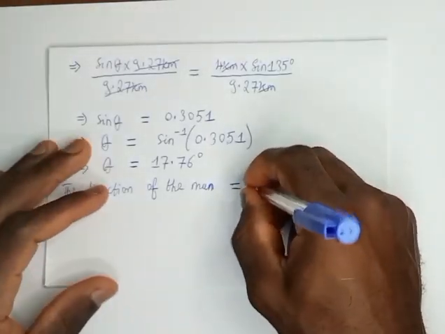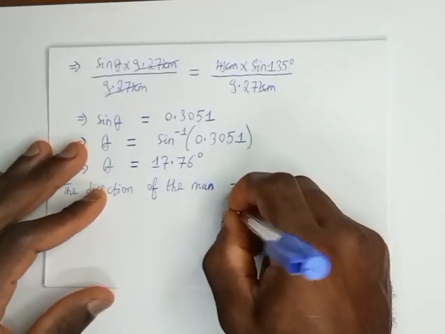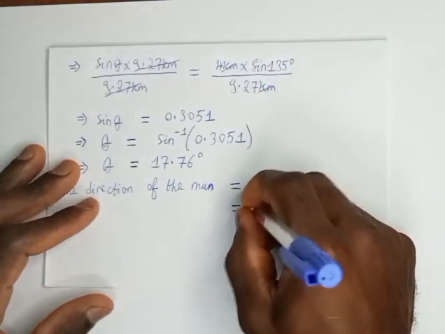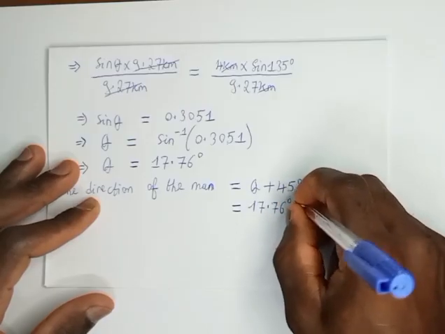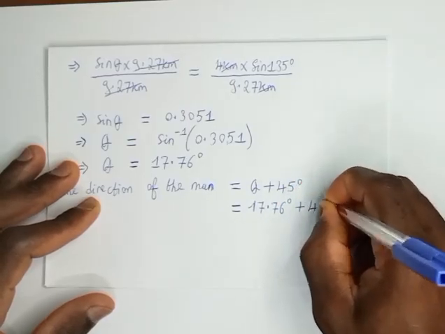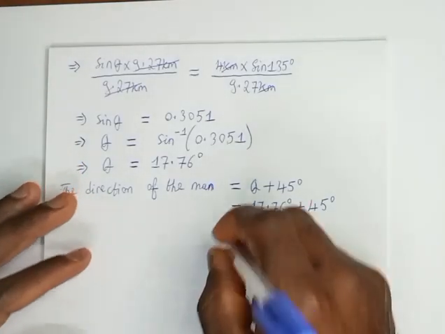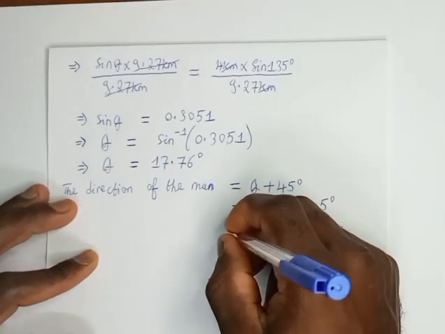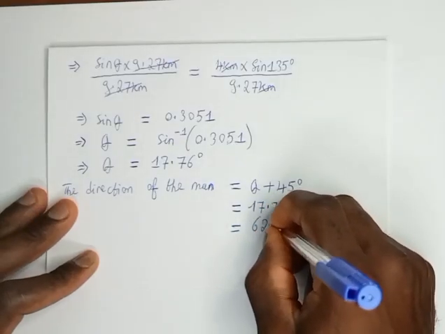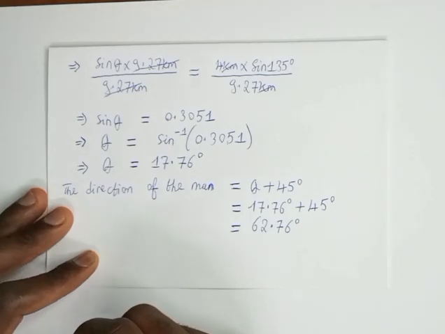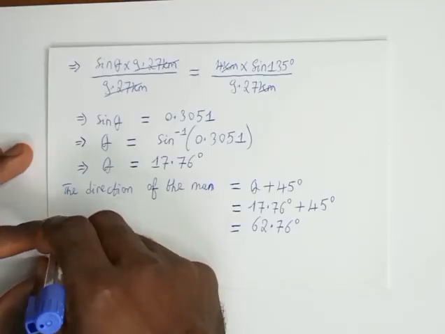So this will give us theta plus 45 degrees, which is simply equal to 17.76 degrees plus 45 degrees. This will simply be equal to 62.76 degrees. Then we conclude it.